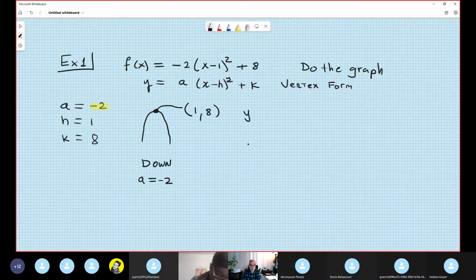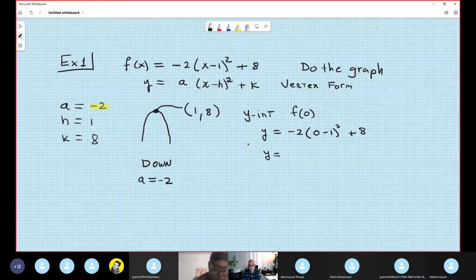Well, I need an extra point. Suppose I need to find the Y-intercept. Unfortunately, our equation is expressed in vertex form, thus it's not clear. In the standard form it was super clear because C is the Y-intercept. But okay, I know the formula: evaluate at 0. So the Y value is equal to negative 2 parentheses 0 minus 1 squared plus 8. Now you plug in 0 for x and compute that.